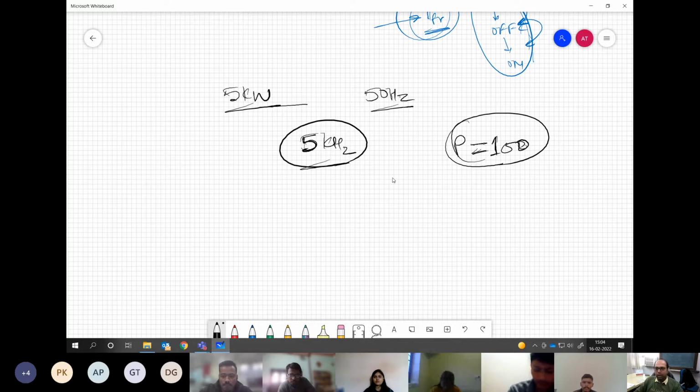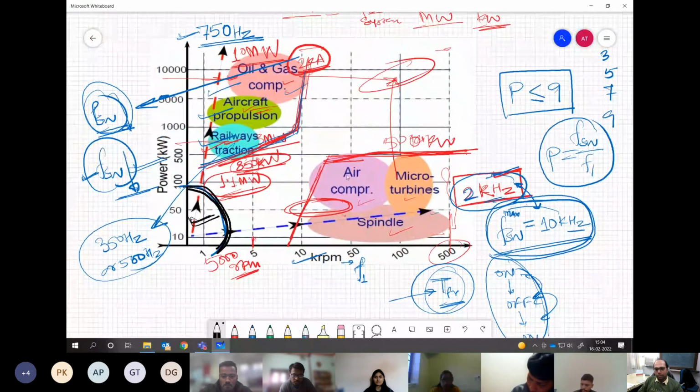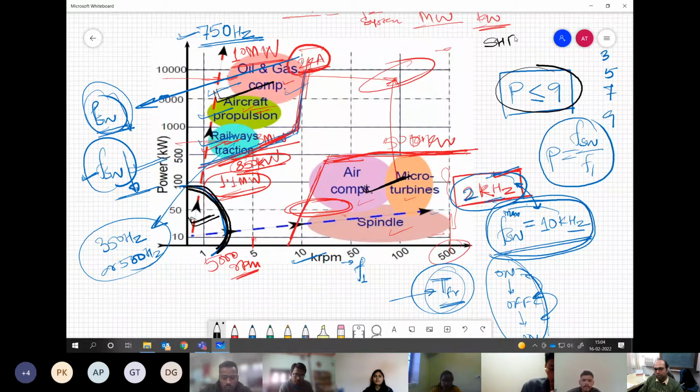So based on different applications, we need to see which type of PWM technique is good for which system or which motor drive. So certainly when we are talking about these kind of applications where pulse number is below 9, we should have something which we have studied so far, say SHE PWM or optimal PWM.